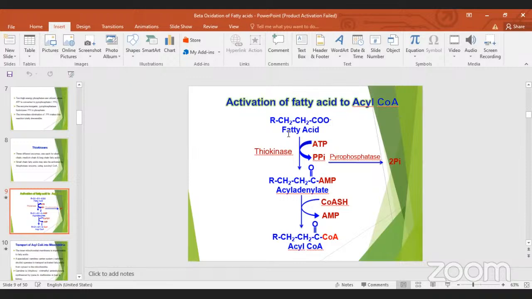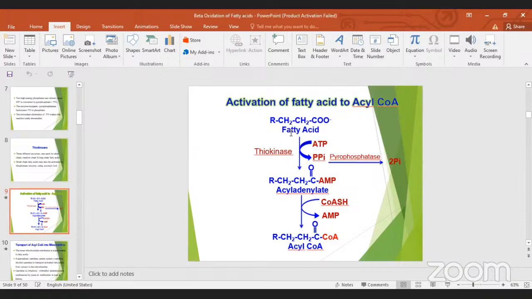This sequence continues until the whole molecule is degraded. Each turn of beta oxidation generates one FADH2, one NADH, and one acetyl coenzyme A molecule.